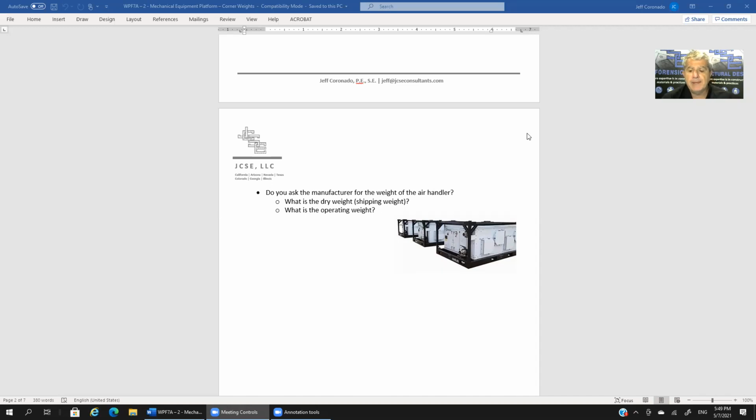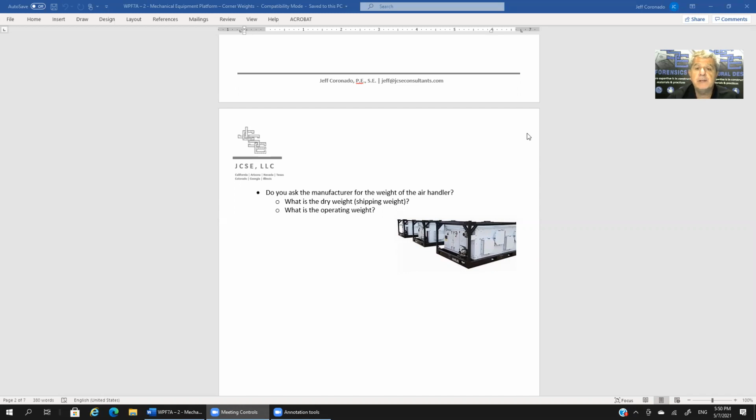As the names might imply, the dry weight or shipping weight is how much the unit weighs when it's being shipped to the site. Now, is that what we're interested in? Think about it. If we're going to provide support for that unit, the answer is no. We're not interested in the shipping weight.